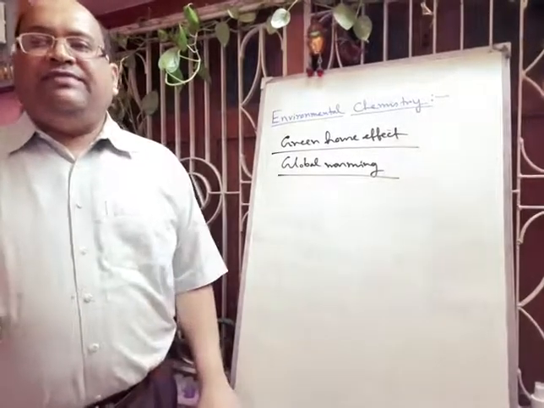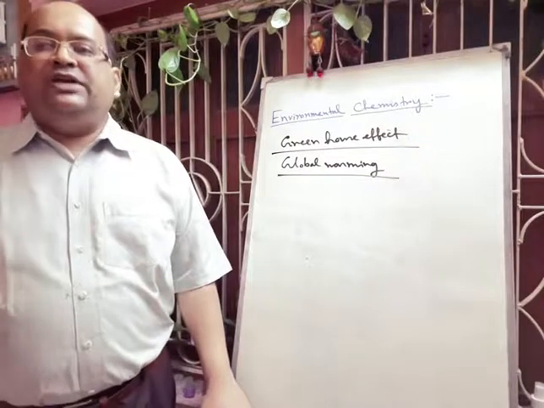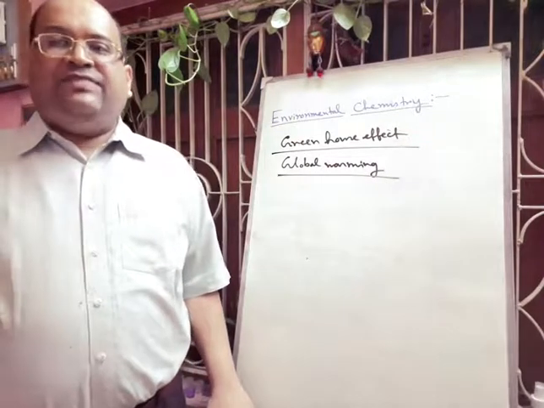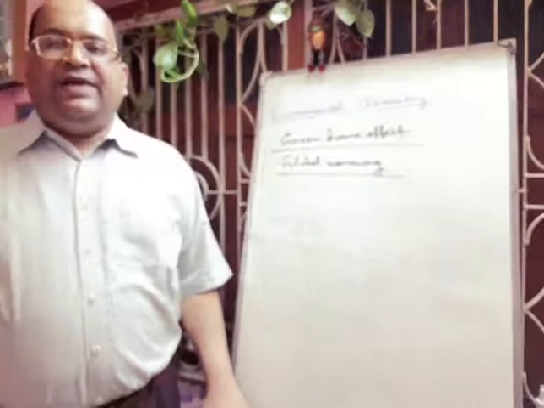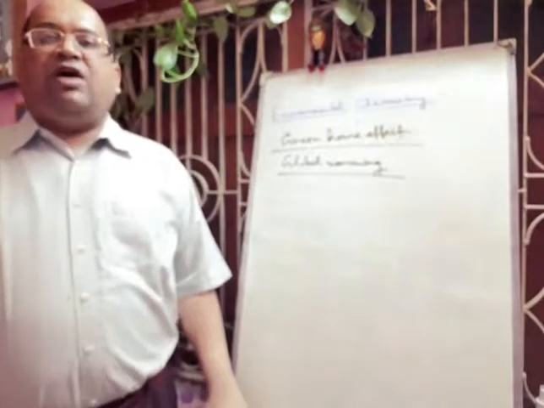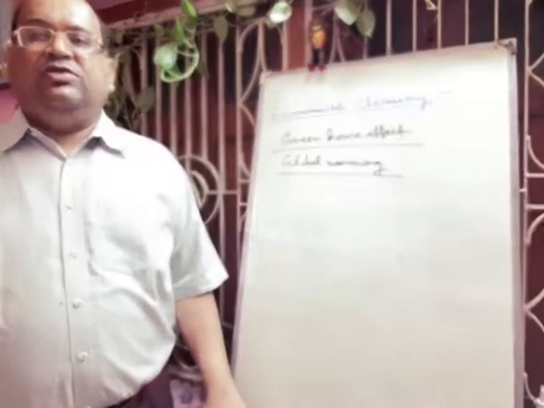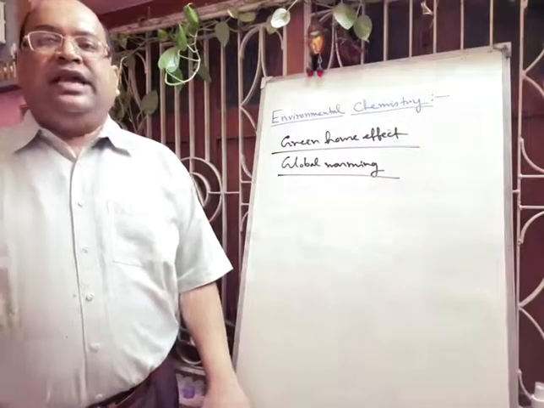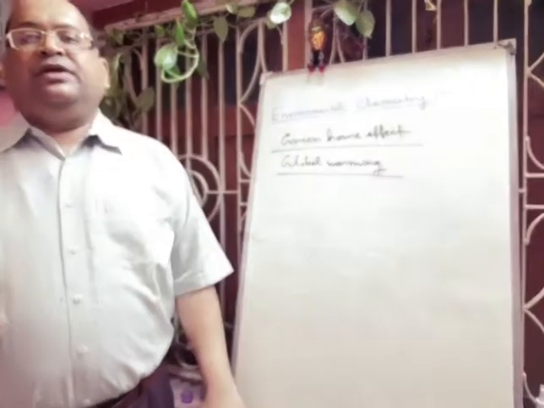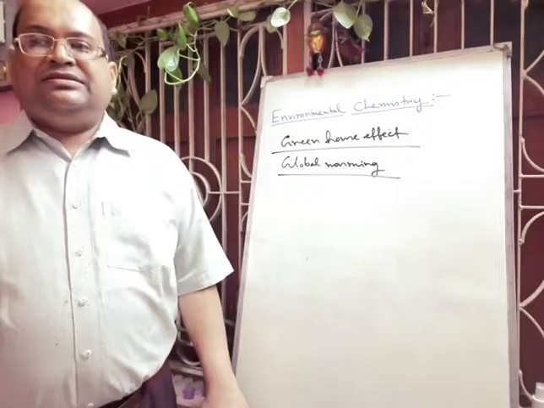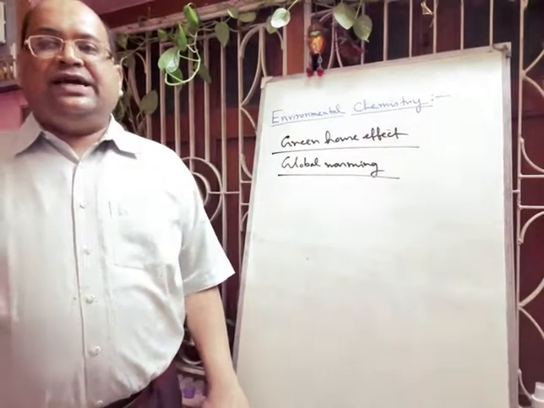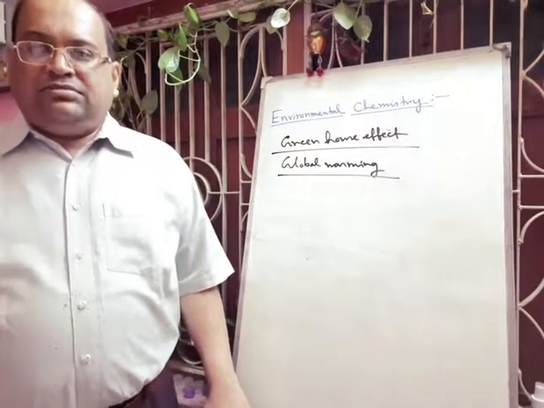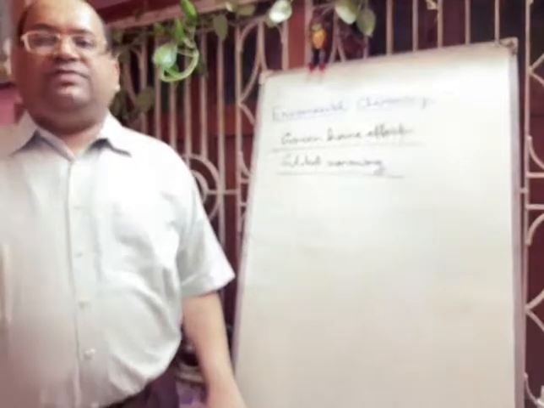The greenhouse effect may be defined as the phenomenon in which Earth's atmosphere traps the heat from the sun and prevents it from escaping into outer space, thereby leading to an increase in the temperature of Earth's surface. Greenhouse gases are the gases in the Earth's atmosphere that absorb heat and light from the sun.